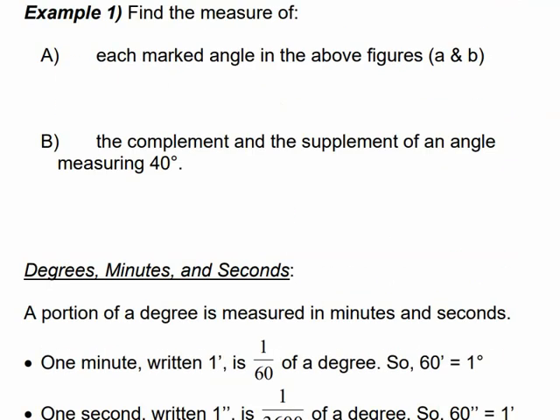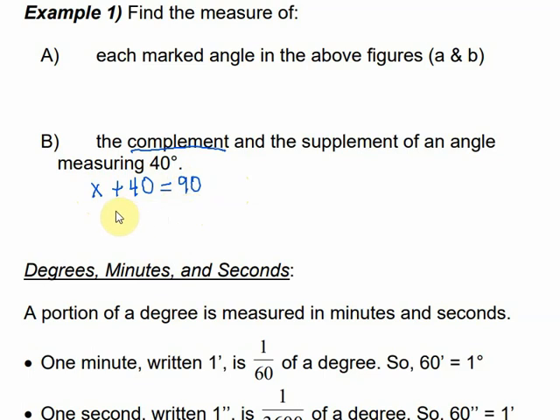Okay, the complement and the supplement of an angle measuring 40 degrees. Okay, so we know that if two angles are complementary, they add up to be what? 90 degrees. So the complement of an angle measuring 40 degrees would be, we don't know what it is, but we know that if we add it to the 40 degrees, those two together would equal 90 degrees.